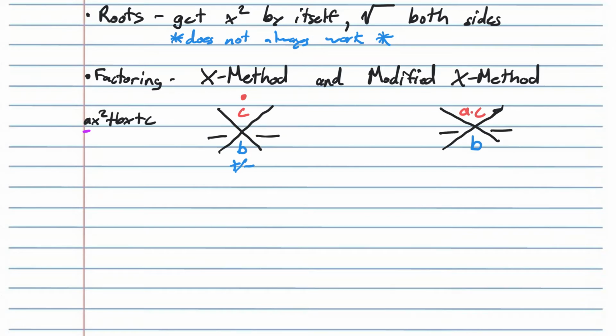Two numbers that multiply to the top and then add or subtract to the bottom. And then once you have those two numbers, there was an extra step with modified, and that was that you have to divide by A at the end. Okay? Again, that's a quick 30-second recap of how we do modified X method.